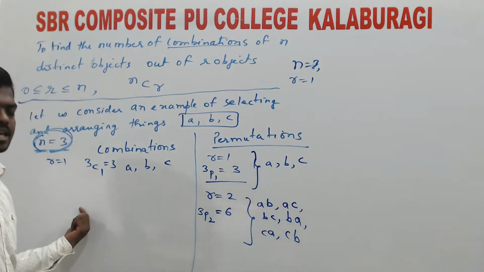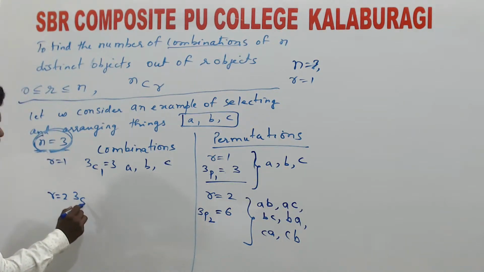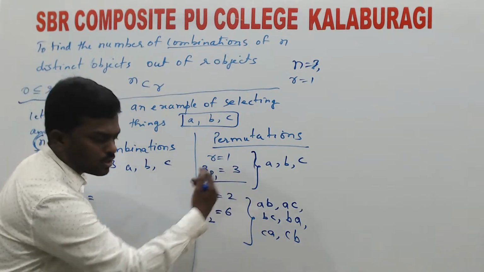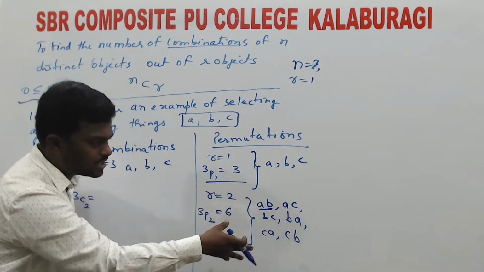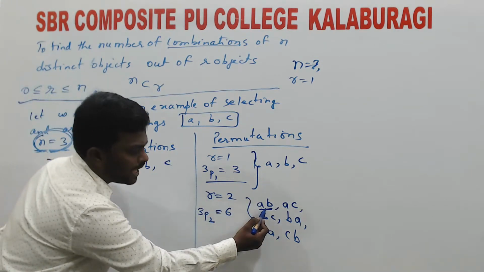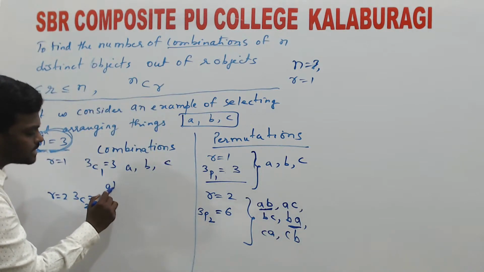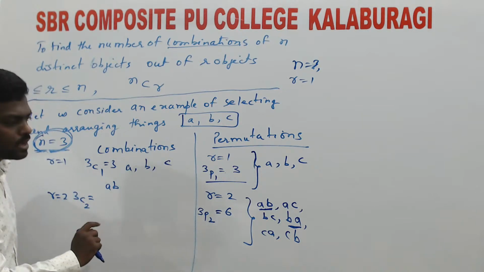Now in case of selection, students, r is equal to 2, 3C2. Let's see what the answer will be. This has been done after arranging things. Here AB is the same as BA. In case of combination, the order in which it is written doesn't matter; the order is totally unimportant.